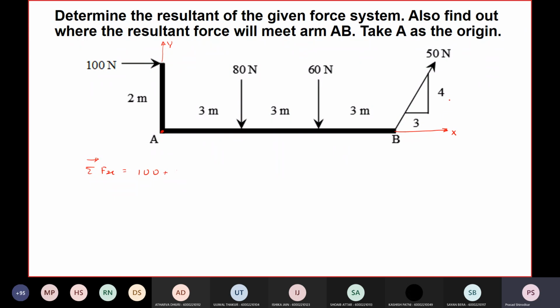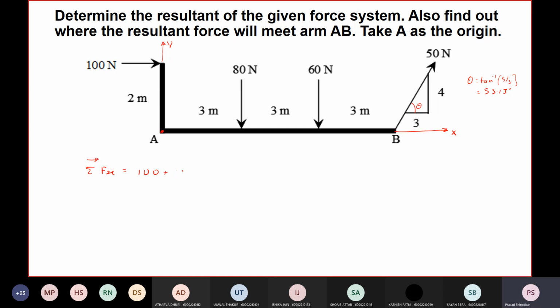Now earlier it was 3/4, now this is 4/3. So this angle theta is tan inverse of 4/3 and that is equal to 53.13 degrees. Right? So if it is 3/4 then it is 36.86 and if it is 4/3 it is 53.1.